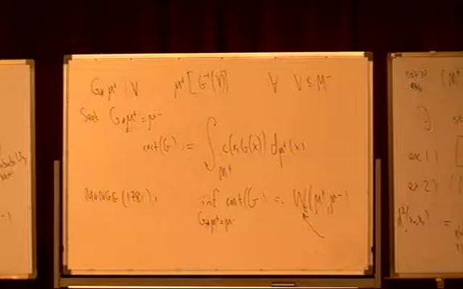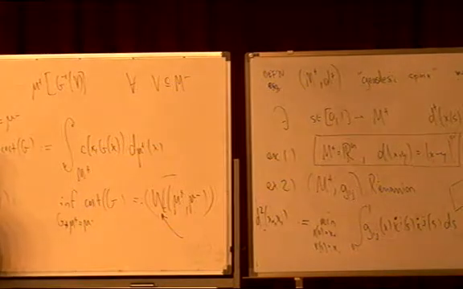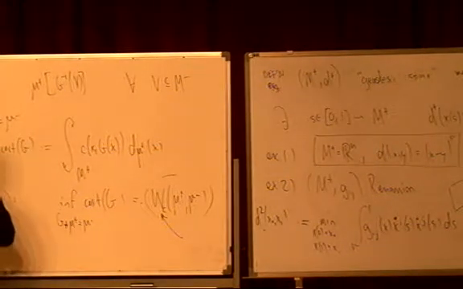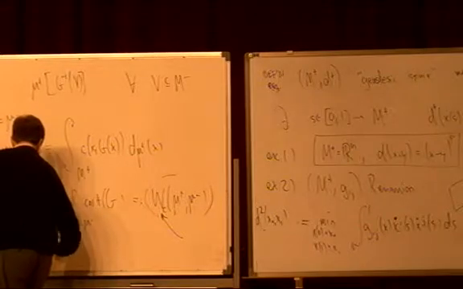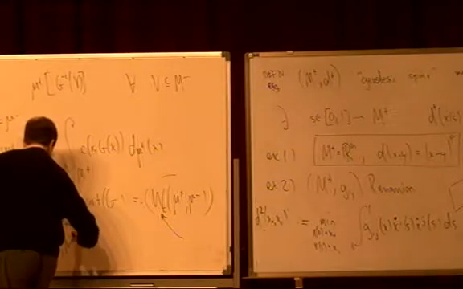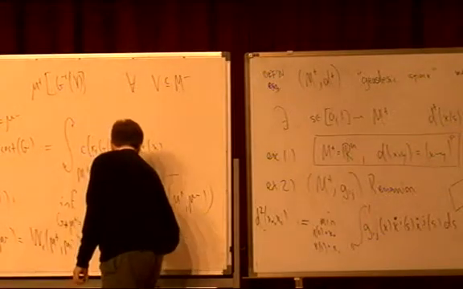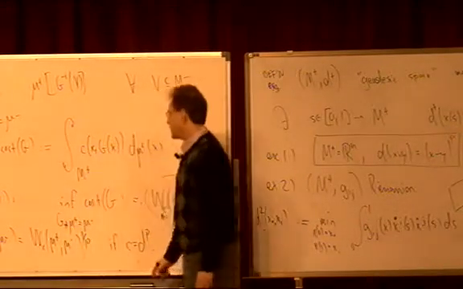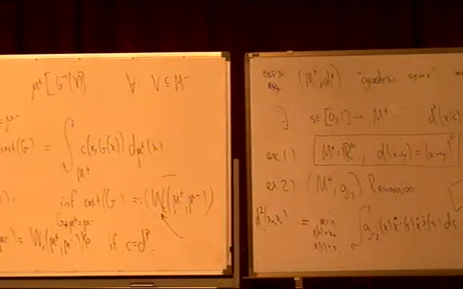And if P is bigger than 1 and you want this number to satisfy the triangle inequality, then you take the Pth root. And then this metric here tells you a way to measure distance between probability measures in M.